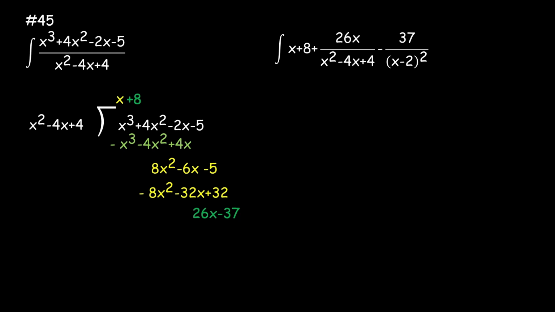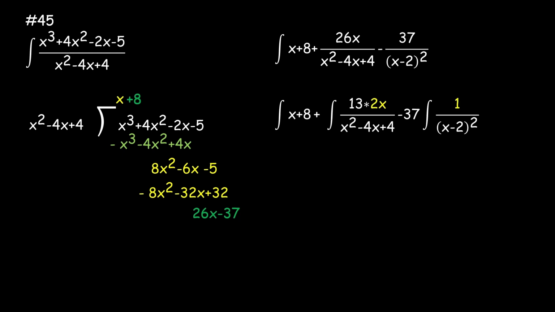So we can actually rewrite both of these fractions just like this, so that the second term would have an integral of 13 natural log of what is in the denominator, while the last term would have 37 times x minus 2 to the power minus 2 plus 1, all divided by minus 2 plus 1.